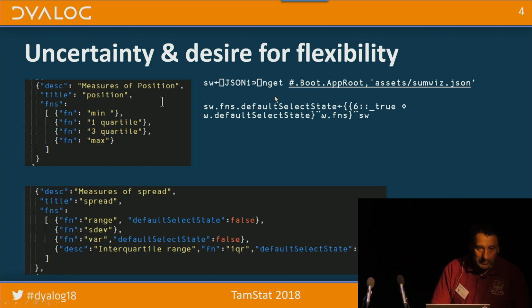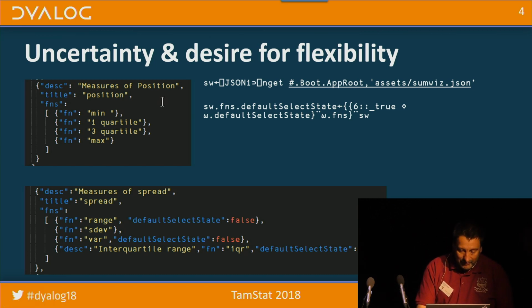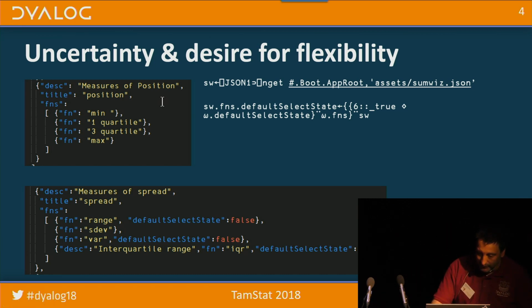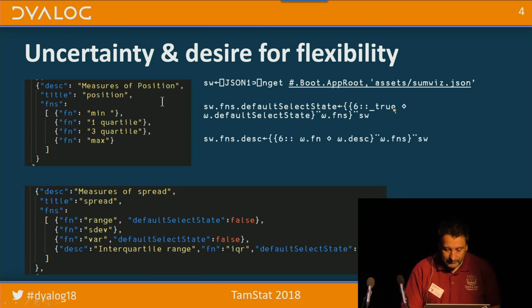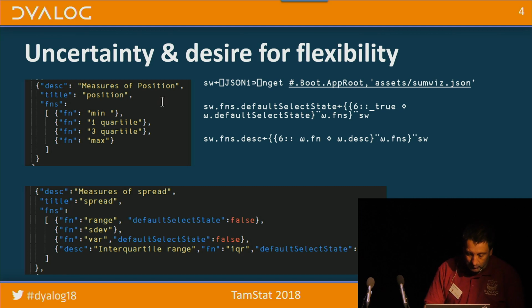So this statement will ensure that wherever the value is not defined, it is set to the default value of true. And the same for the description. If we don't find the description element, we use the function name as the default.